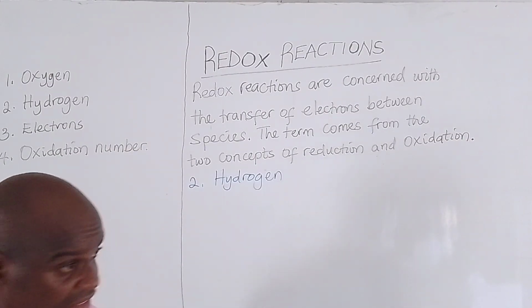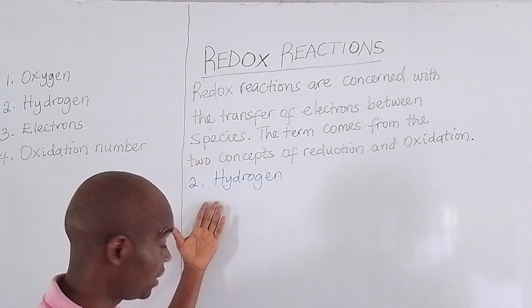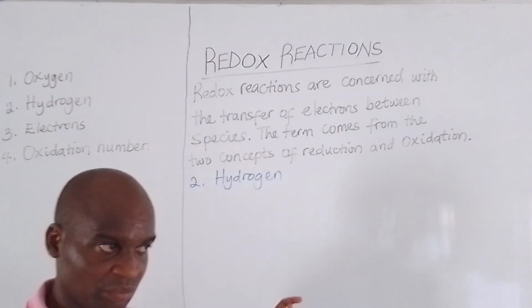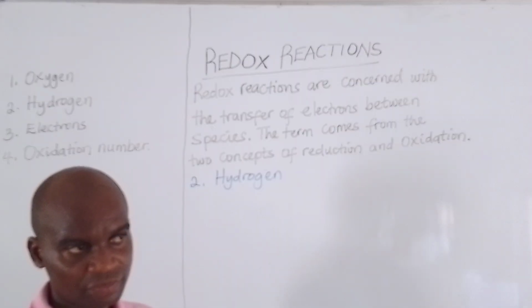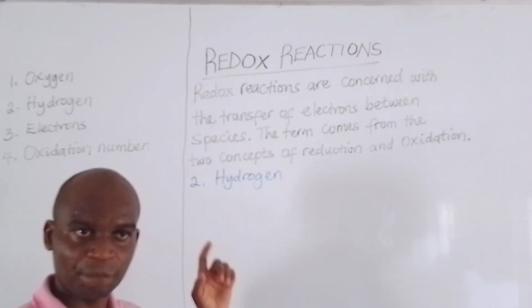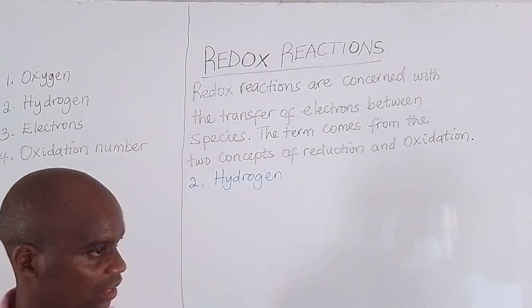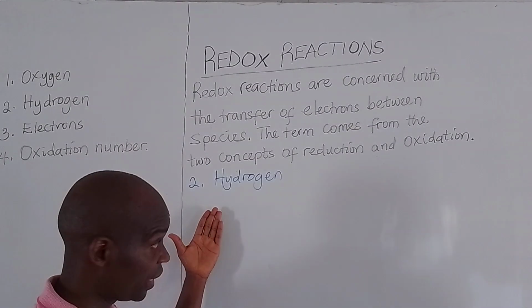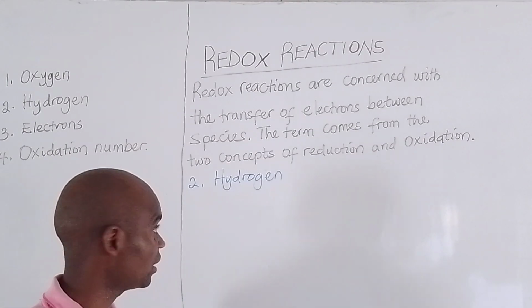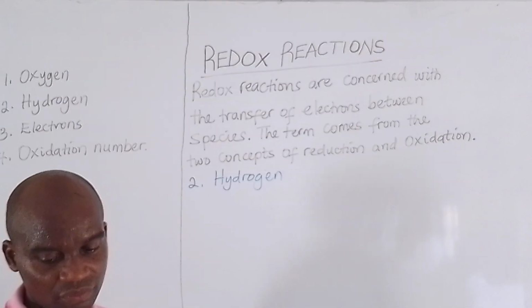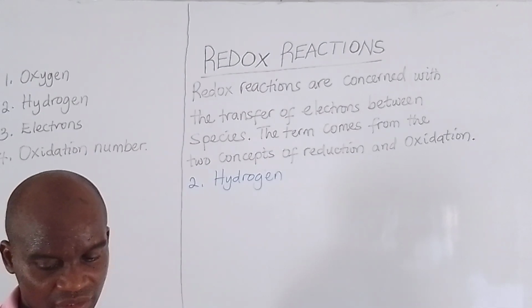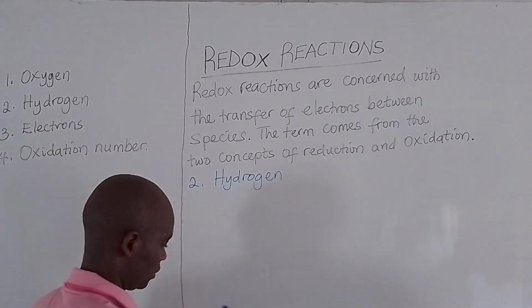What does it mean? Whenever hydrogen is being removed from a substance, oxidation has taken place. And on the other hand, when hydrogen is being added to a substance, reduction has taken place.